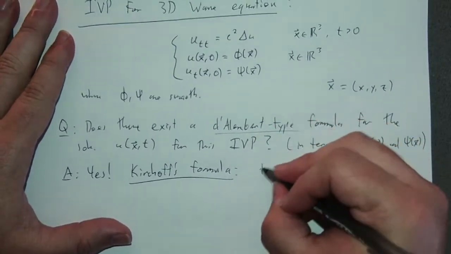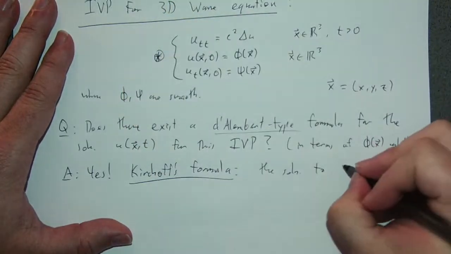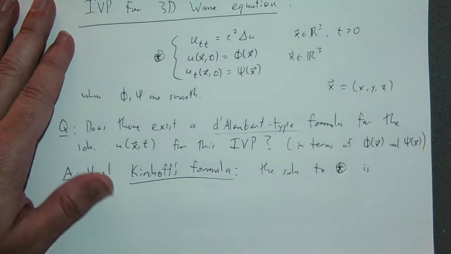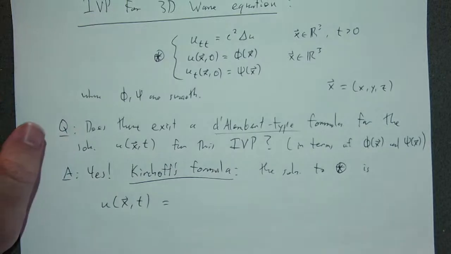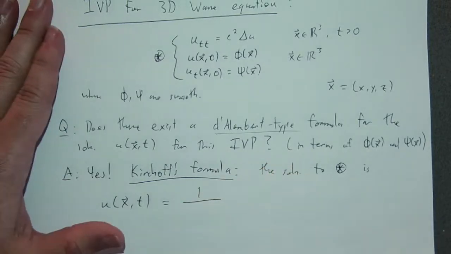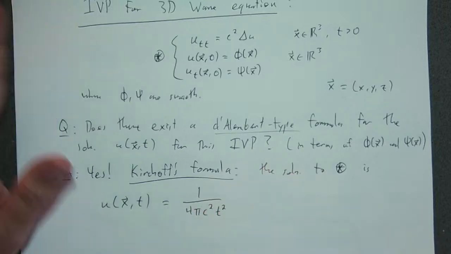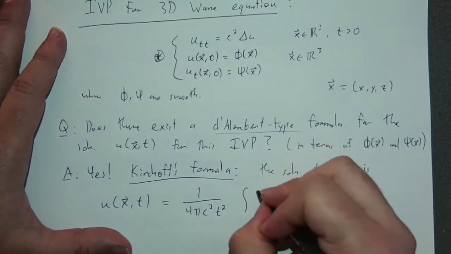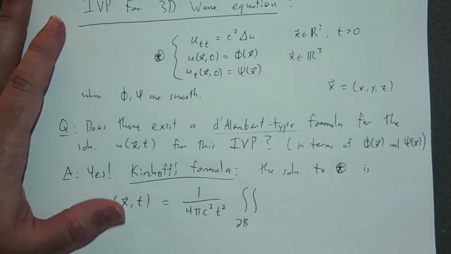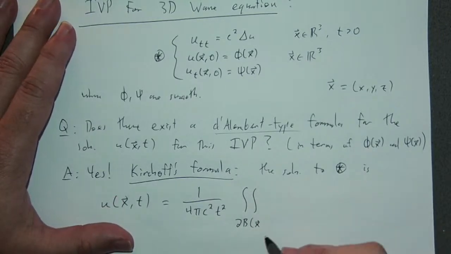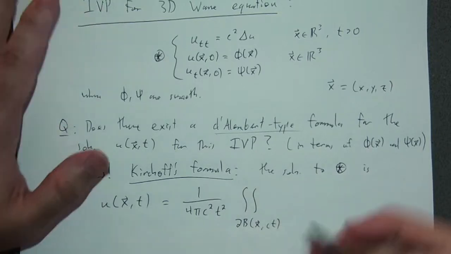Kirchhoff's formula says the solution to asterisk is the following. u of x, t is 1 over 4 pi c squared t squared times the integral over the surface, which is actually a sphere, of the ball centered at x of radius ct. We'll talk about this next time.